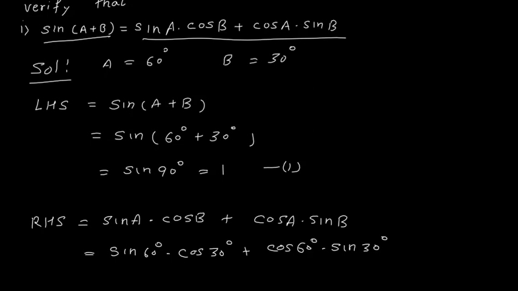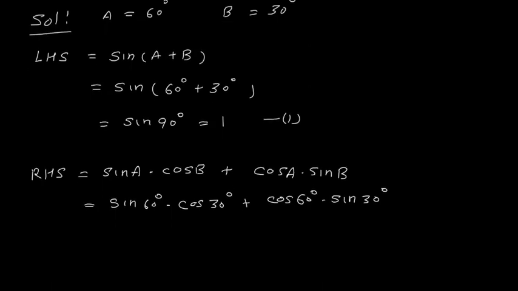Sin 60 is root 3 upon 2, and cos 30 is root 3 upon 2, plus cos 60 is 1 upon 2, and sin 30 is 1 upon 2.